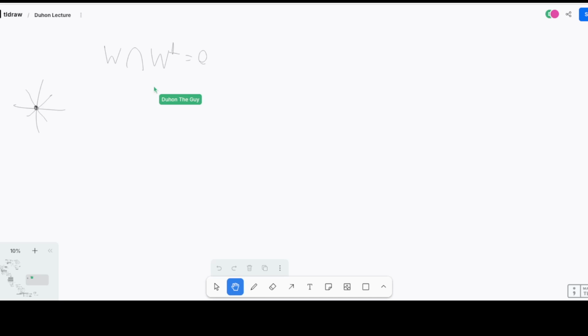Well, second of all, we have to show that W and the orthogonal of W span V. That is going to be a little bit worrying to prove, but it's going to be fine.